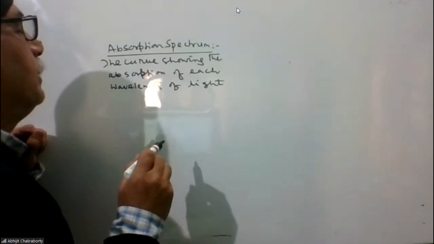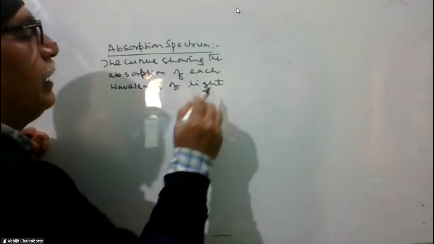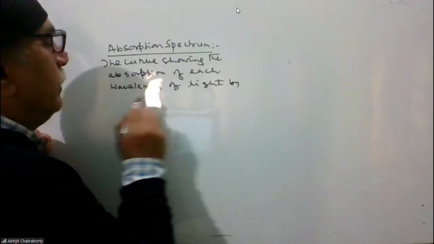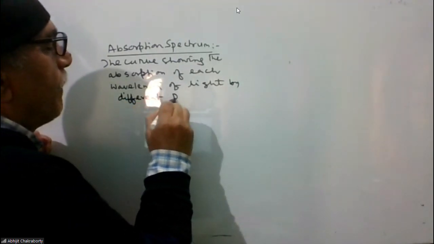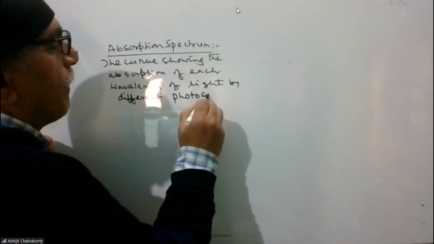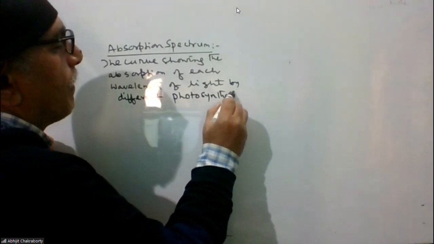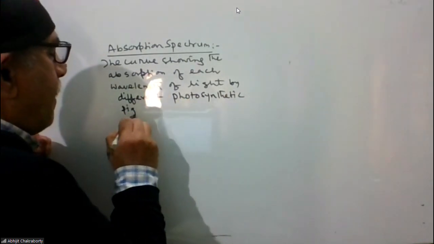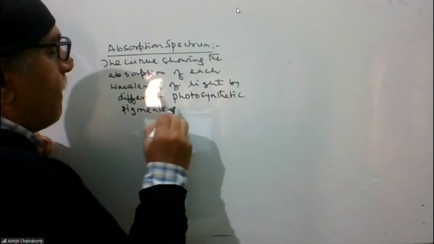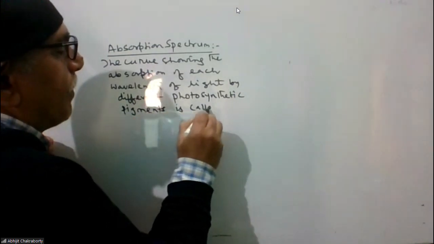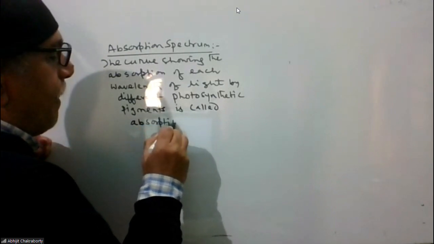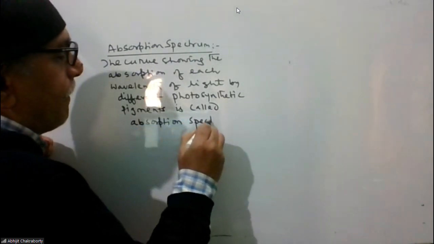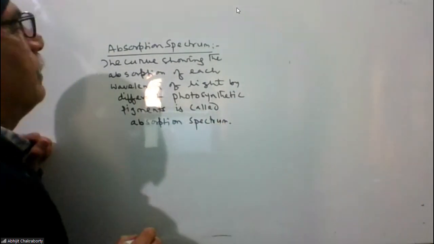The curve showing the absorption of each wavelength of light by different photosynthetic pigments is called absorption spectrum.